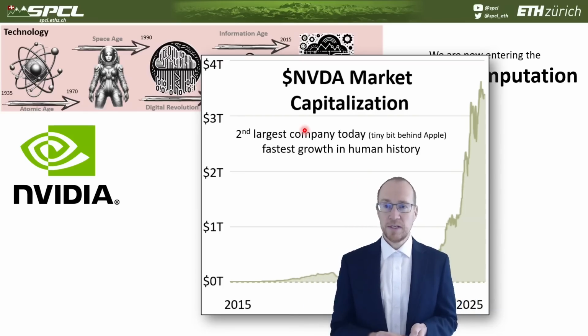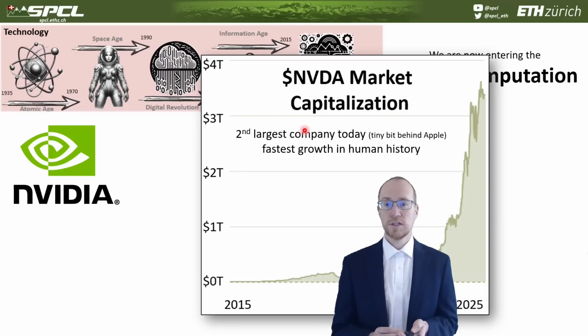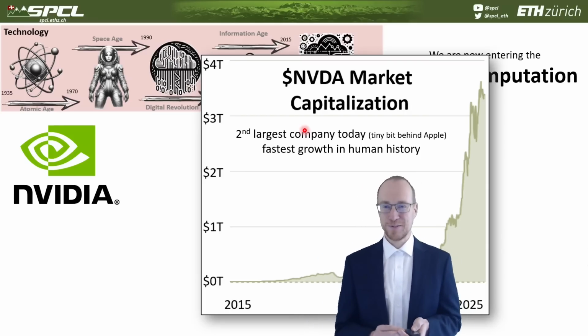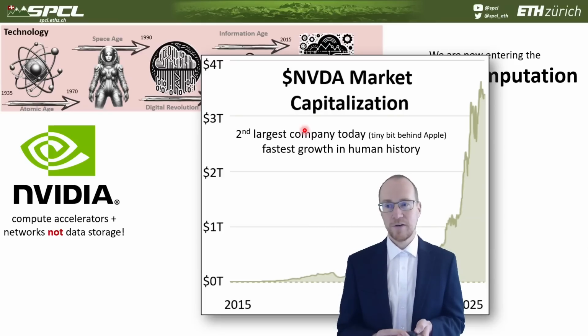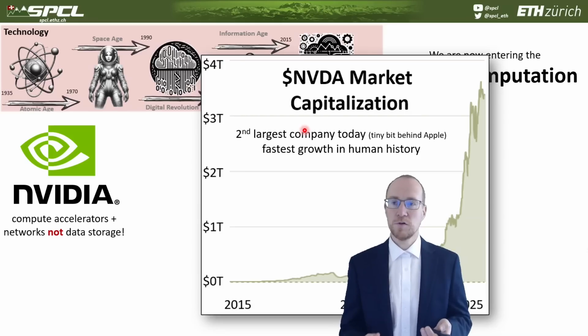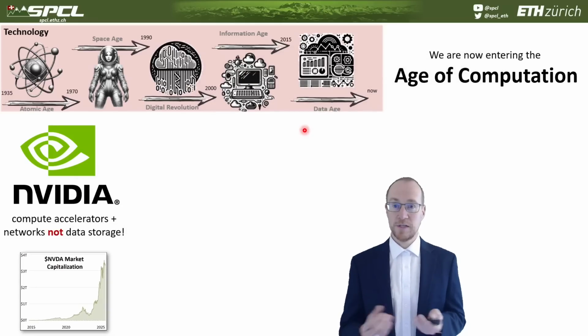So it was the company that has the largest growth or the fastest growth in human history, and it was the second largest company today. So it was very, very close behind Apple before what happened at the beginning of the week that I will also talk a little bit about. So this company makes compute accelerators and networks, but not data storage. So it's clearly building on just fast compute. This is one piece of evidence why I'm claiming that we're in the age of computation.